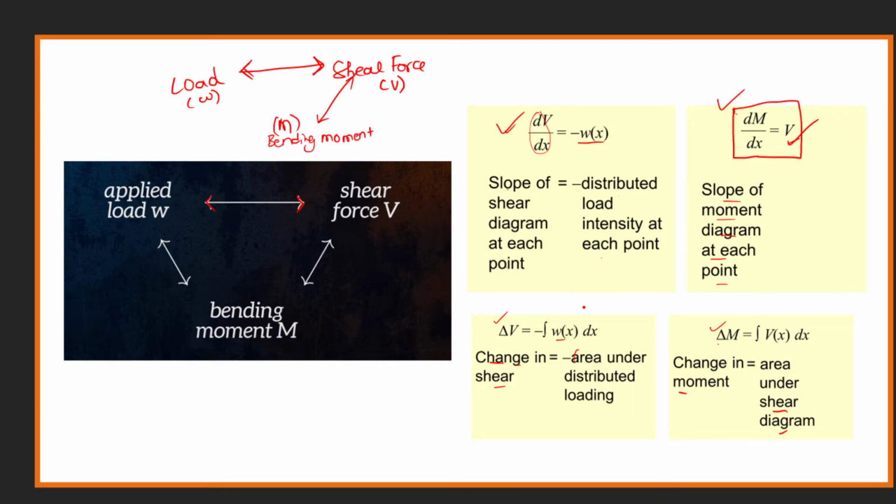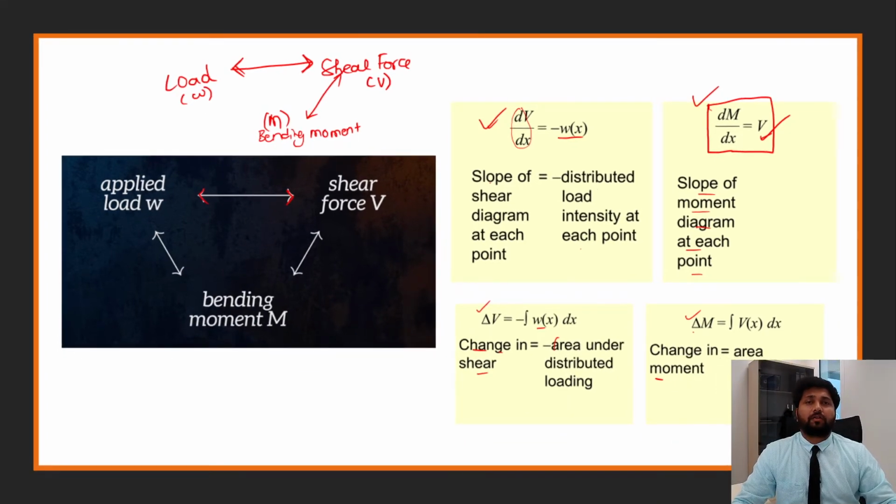So basically I want to tell you that the applied load, shear force and moment, all these three entities are dependent on each other. Simply put, you can say that there is a load function, and if you take the derivative of the shear force, you will get the load function. If you take the derivative of the moment function, you will get the shear.